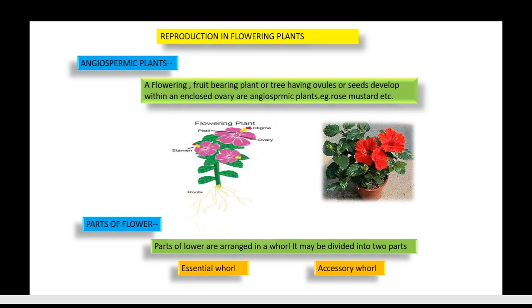These four floral whorls are categorized into two whorls, which is written in the PPT. One is the essential whorl and the second one is the accessory whorl, as you see in the diagrams given on the PPT.